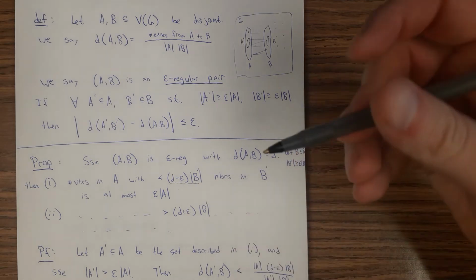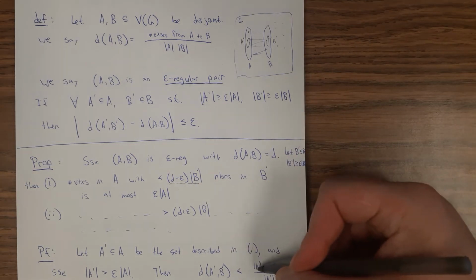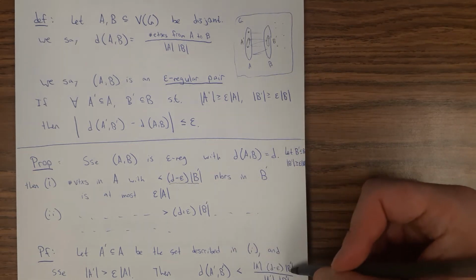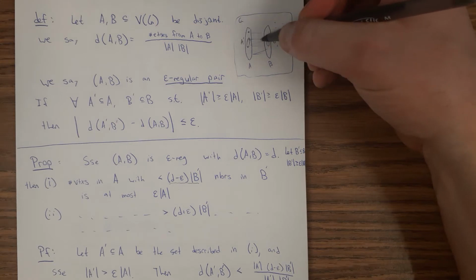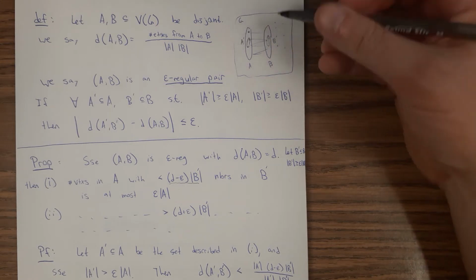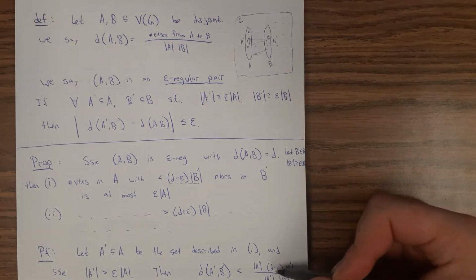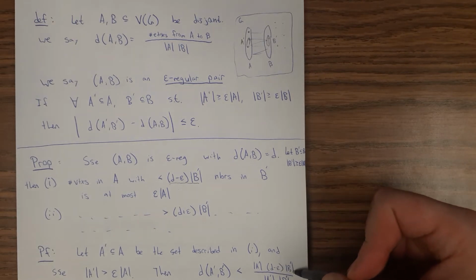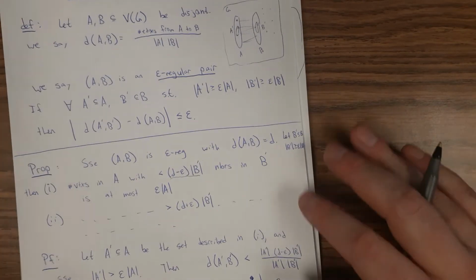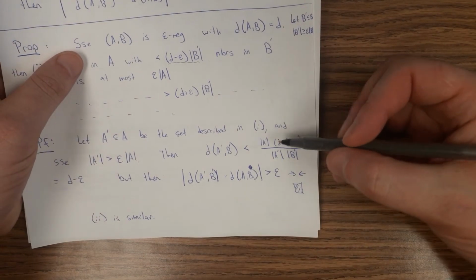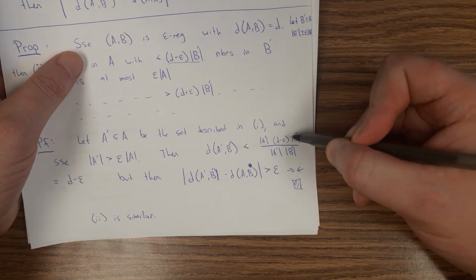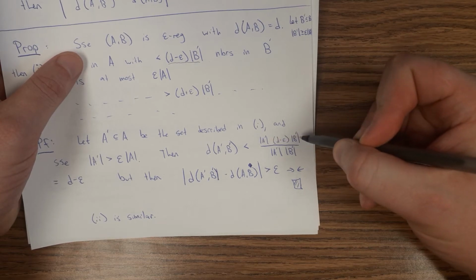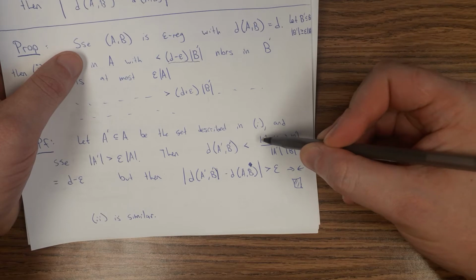So if I want to count all the edges from A prime to B prime, I can just go vertex by vertex in A prime and add how many edges that vertex has into B prime. For each one of those, that answer is at most (d minus epsilon) times B prime. And if I add that up for A prime many vertices, I'm going to get at most that number of edges on the top.